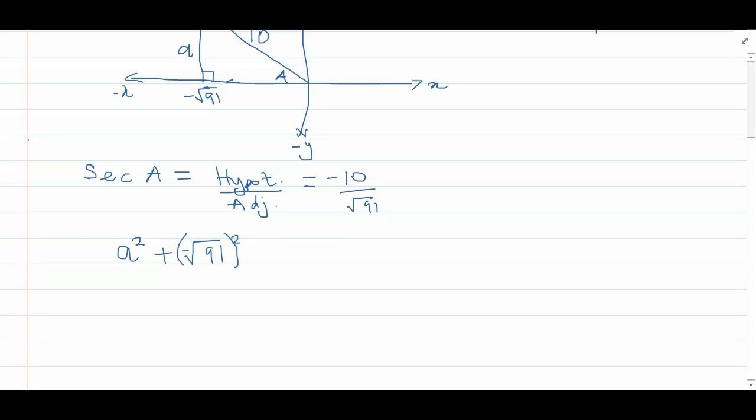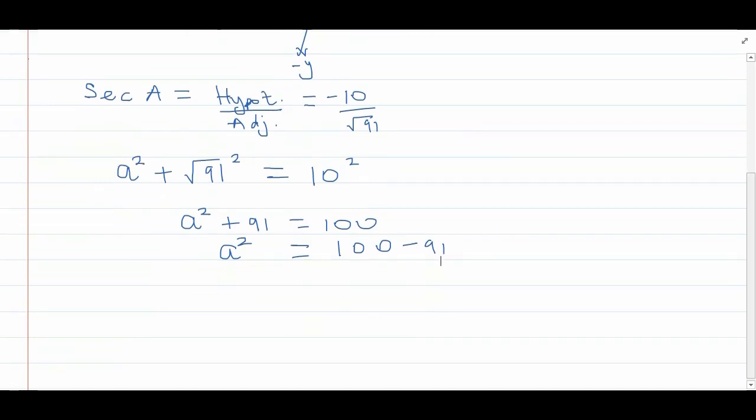We are squaring it, so the negative will go away. It equals the hypotenuse squared, which is 10 squared. If we evaluate this, we get a squared plus 91 equal to 100. That means a squared is equal to 100 minus 91.